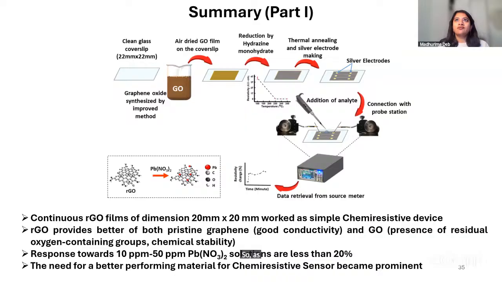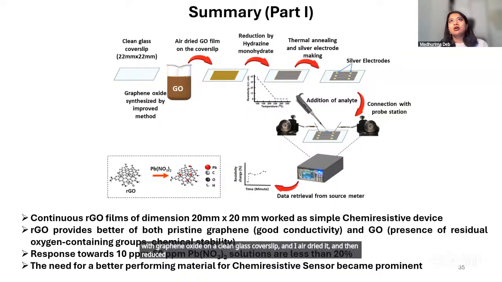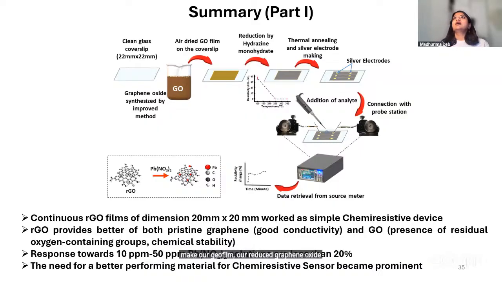So as a summary of this part, I would say that I started with graphene oxide on a clean glass cover slip, and I air dried it and then reduced it to make RGO film, or reduced graphene oxide film. Then I deposited the electrodes, silver electrodes, and then I also showed you the measurement setup where I connect to the probe station, and then I get the resistivity change.